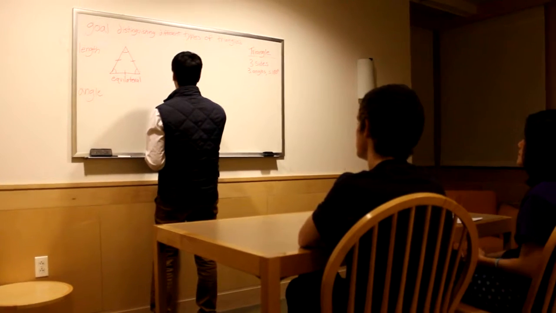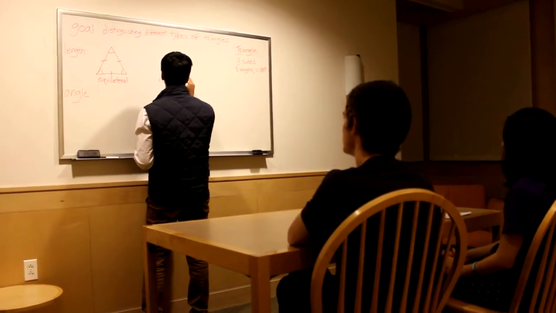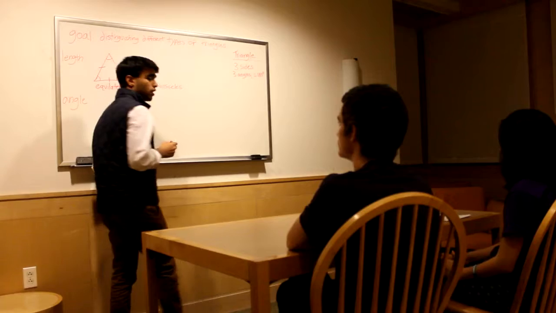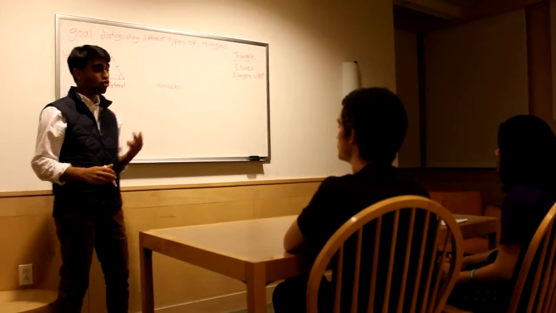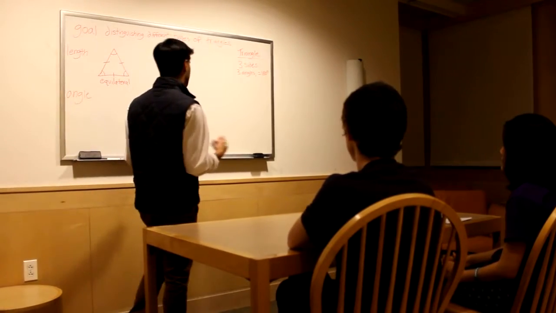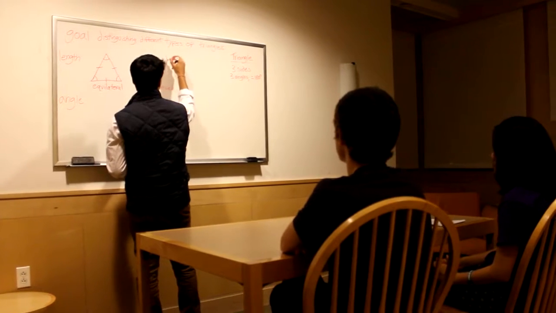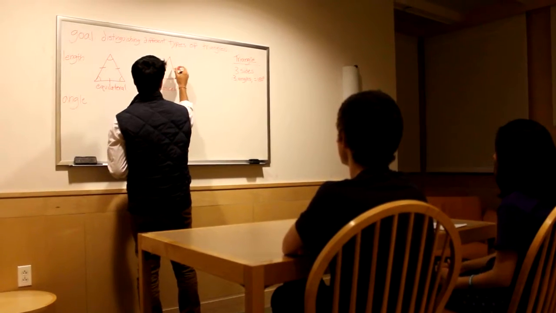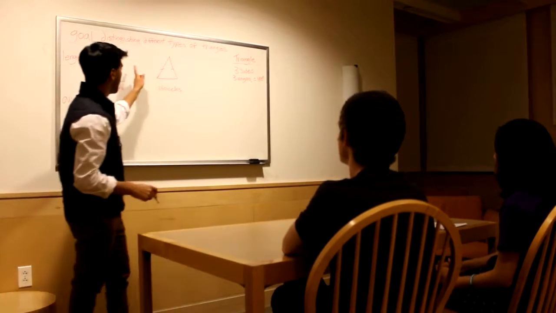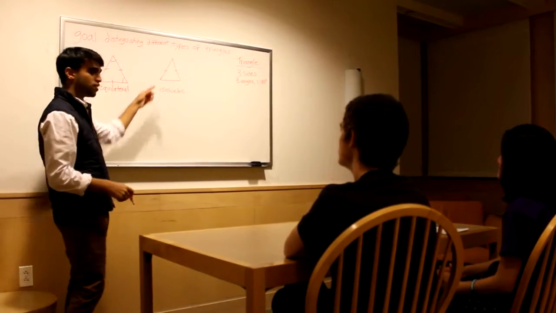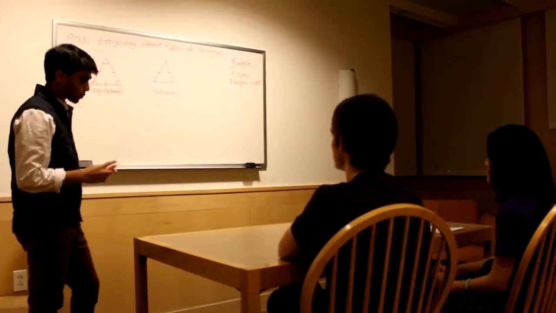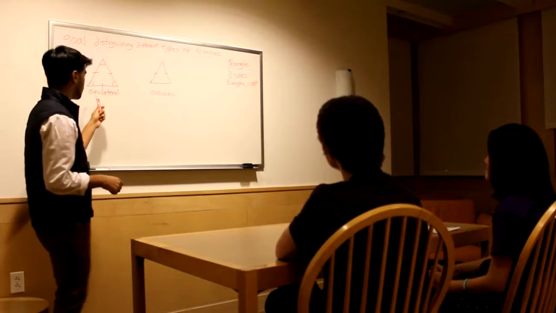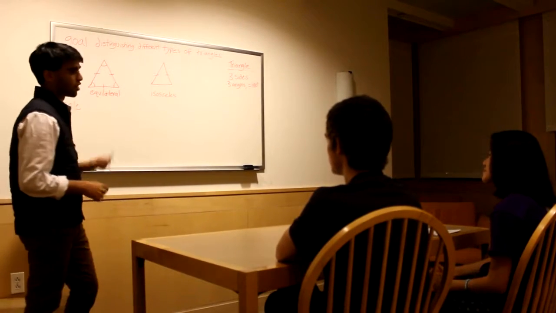So the next triangle is the isosceles triangle. In an isosceles triangle, 2 sides are equal, and thus 2 angles are equal. So, again, I'm using this symbol that means that those 2 sides are equal. So, in our equilateral triangle, we have 3 sides that are the same.